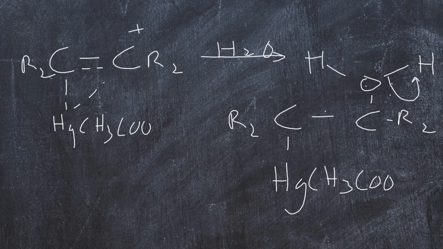So this hydrogen ends up being eliminated as a hydrogen ion, and then the charge ends up becoming here, like a hydroxide ion and so on. So at the end of the day, we find ourselves with this intermediate.